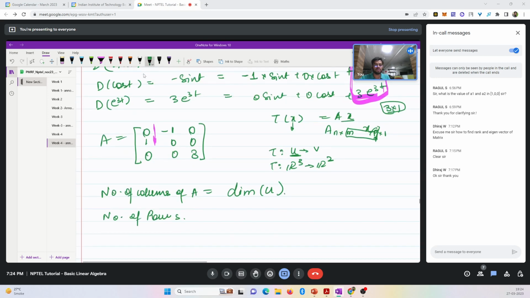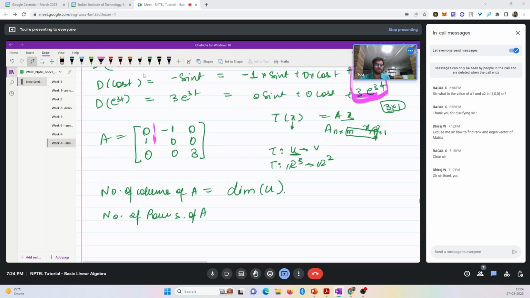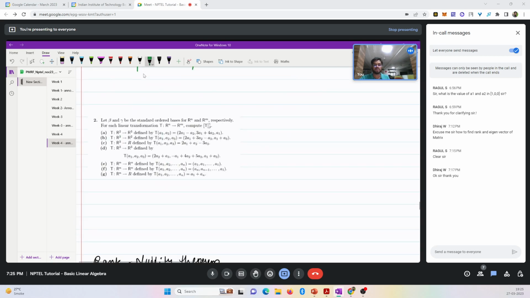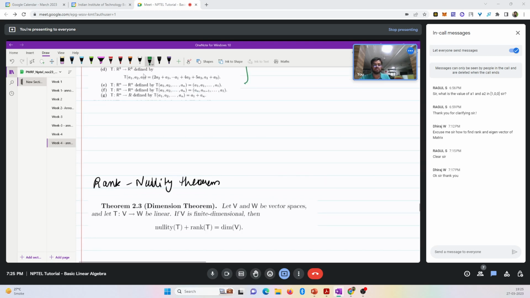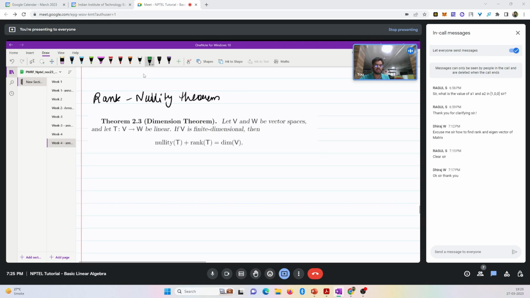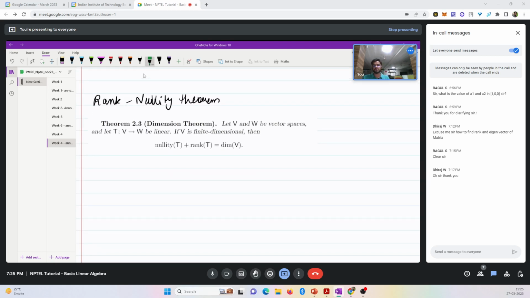So the number of rows of A is equal to the dimension of V. This is something we can keep in mind. I'll come back to this example if we have time left towards the end, but let's move to something called the rank nullity theorem.